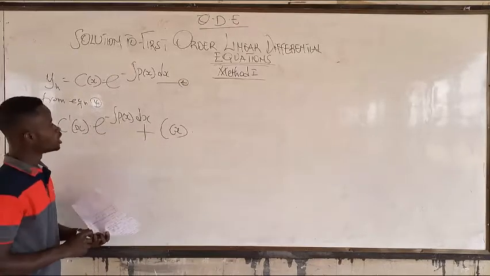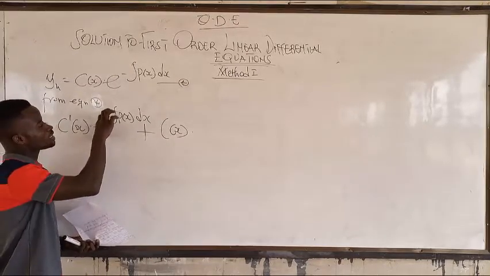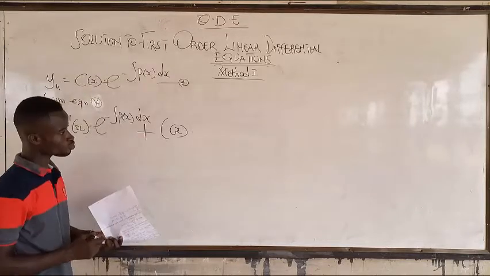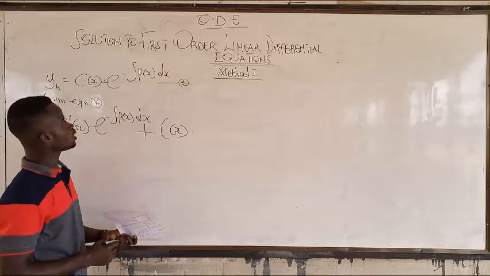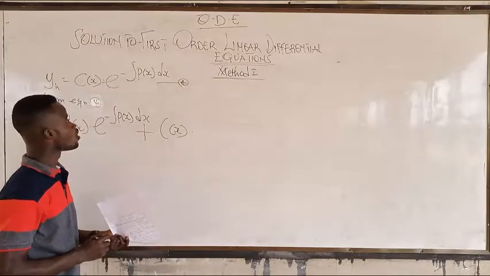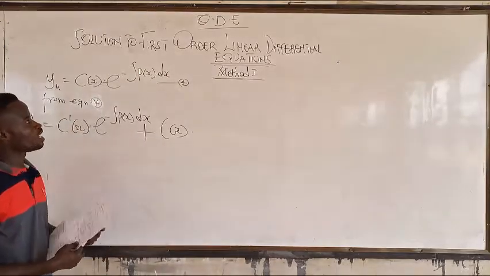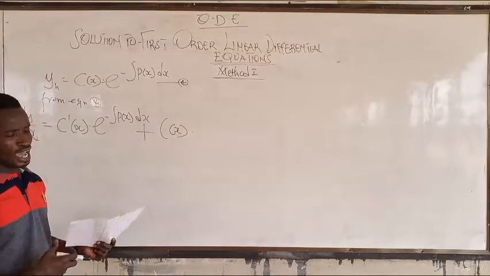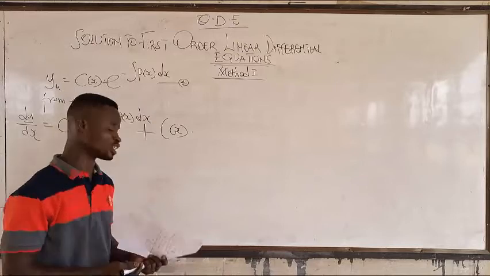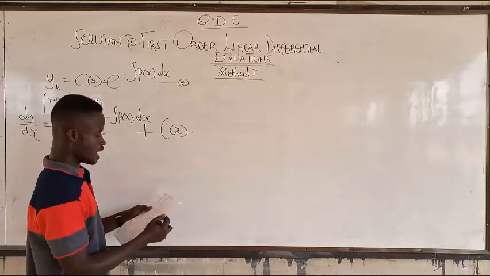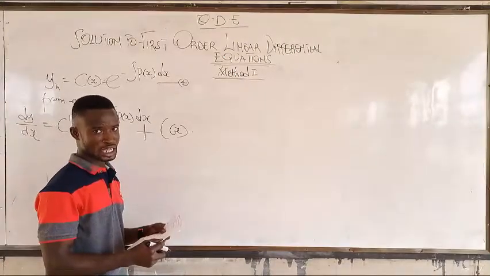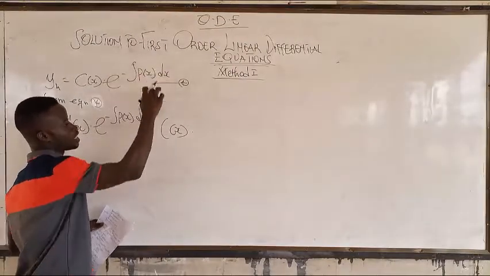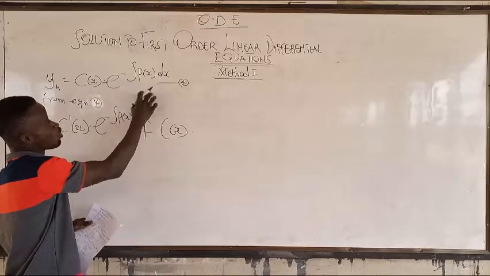Now watch. If you are differentiating this, let me locate it here. If you are differentiating this, you know that when you are differentiating an exponential function, the whole of that will repeat, but before that, everything on top here will multiply the whole of this.